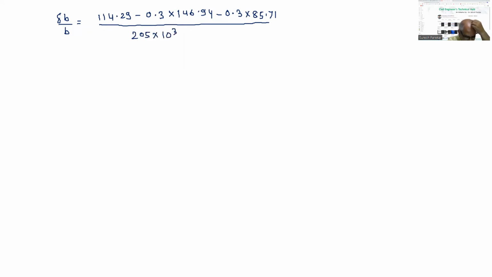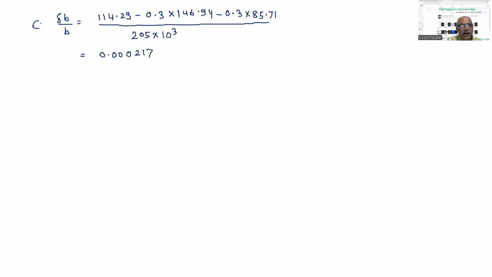So 205 into 10 raised to 3, you will get this value, that is equal to minus 0.000217.